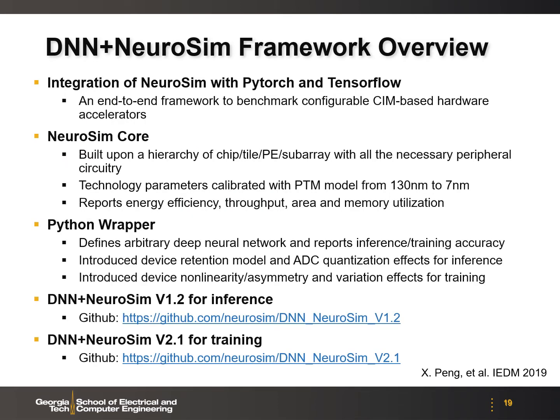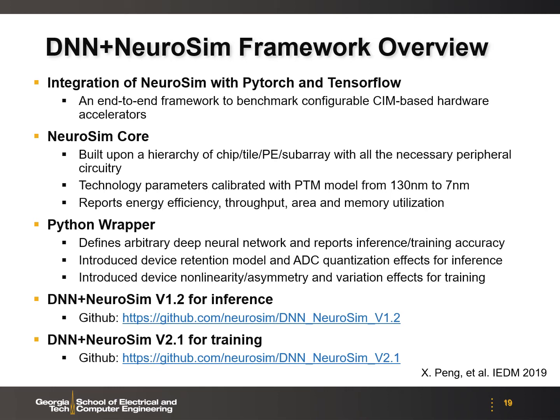This is an overview of the framework. So the framework is an integration of NeuroSim with PyTorch and TensorFlow. So we can form an end-to-end framework to benchmark different computing memory-based hardware accelerators. Here, the NeuroSim core is a C++ simulator at the circuit level, which is built upon a hierarchy of the chip, tile, PE, subarray with all the necessary peripheral circuitry.